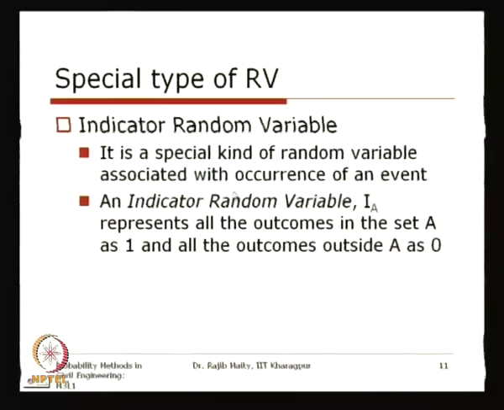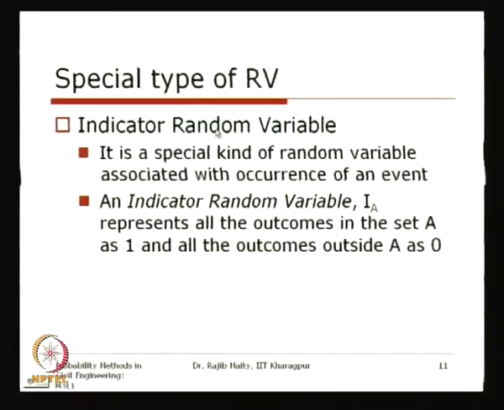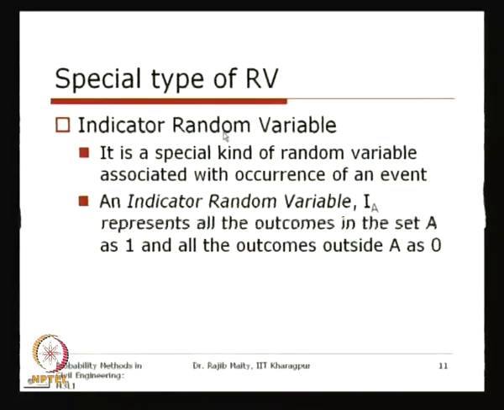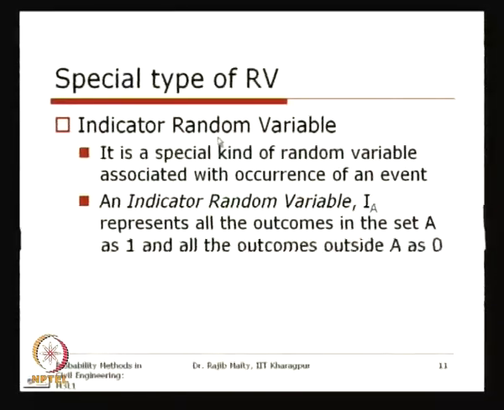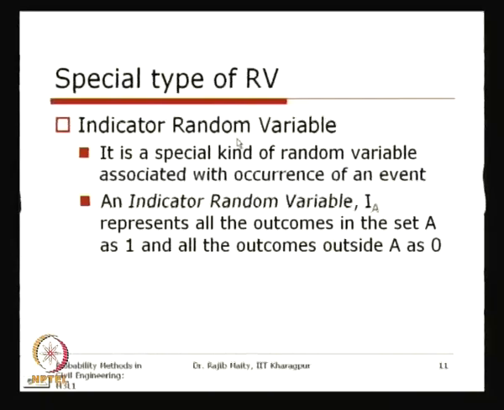Again, for rainy days, I will just see every day whether it rains or not. This random variable is designed in such a way that it is not interested in the depth of the rainfall, only whether it is a rainy day or not. If it is not a rainy day, it will return 0. If it is a rainy day, it will return 1.